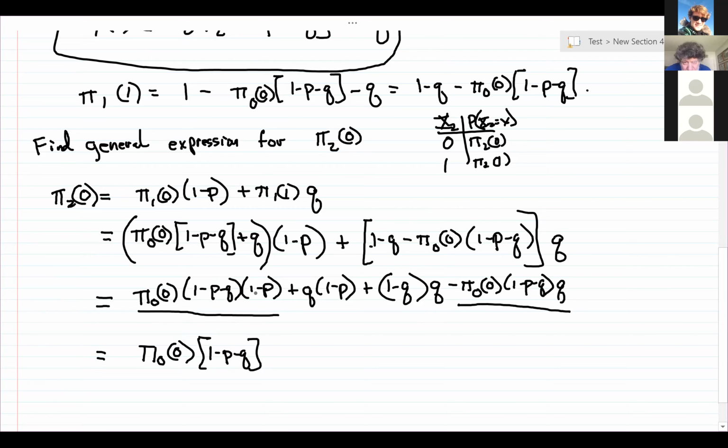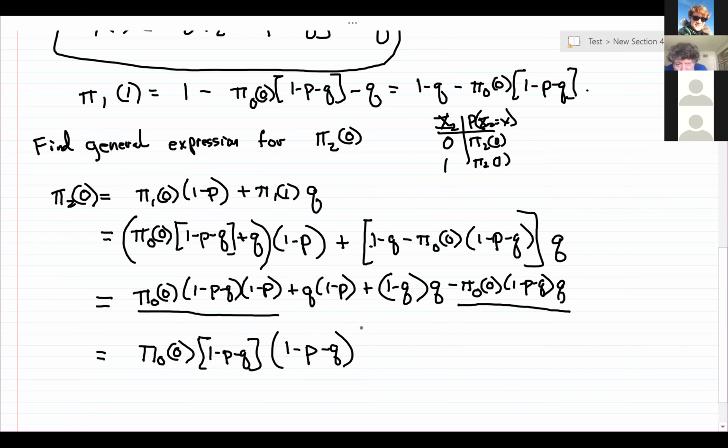But now what's left here is a 1 minus p, and what's left here, when you factor all this out, is a minus q, right? So if I combine the two underlying terms here, I really have pi 0, 0 times 1 minus p minus q squared, right? Yes, this is the same as that.